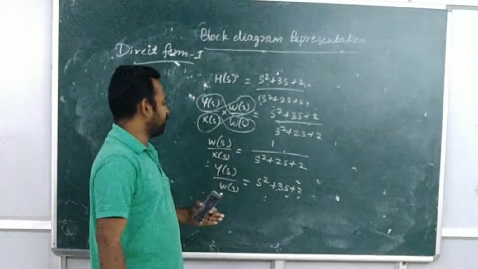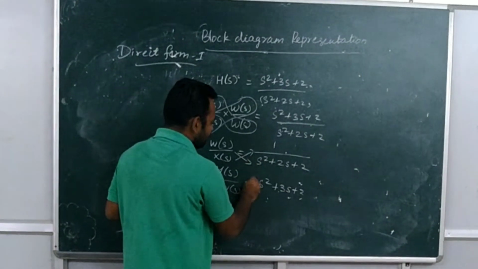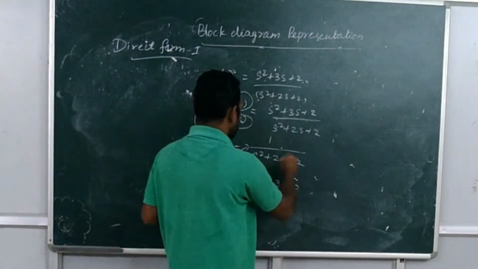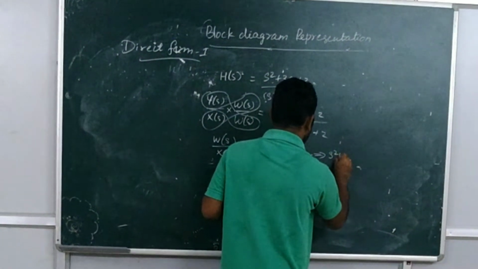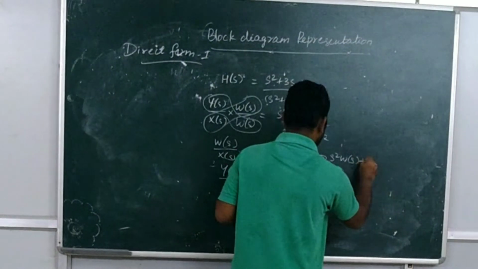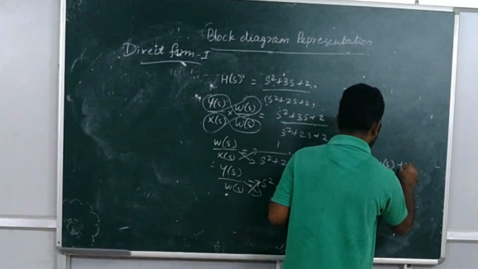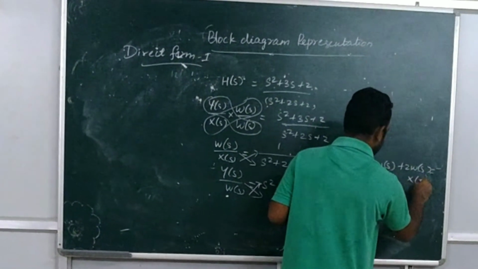Now, as in the previous case, here we are doing the cross multiplication. Here also we are doing the cross multiplication. So at this point you are getting s square W of s plus 2s W of s plus 2 W of s equal to X of s.